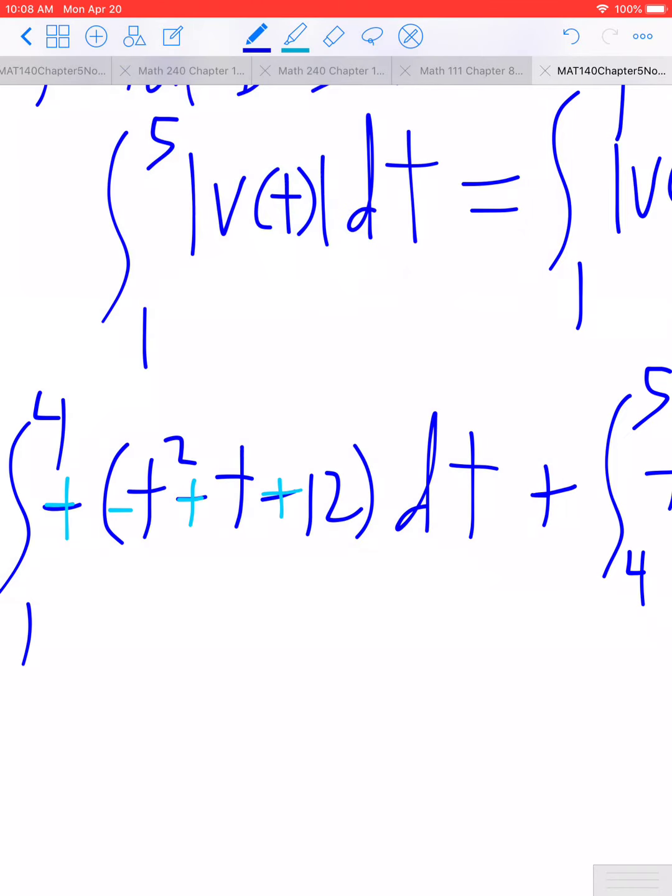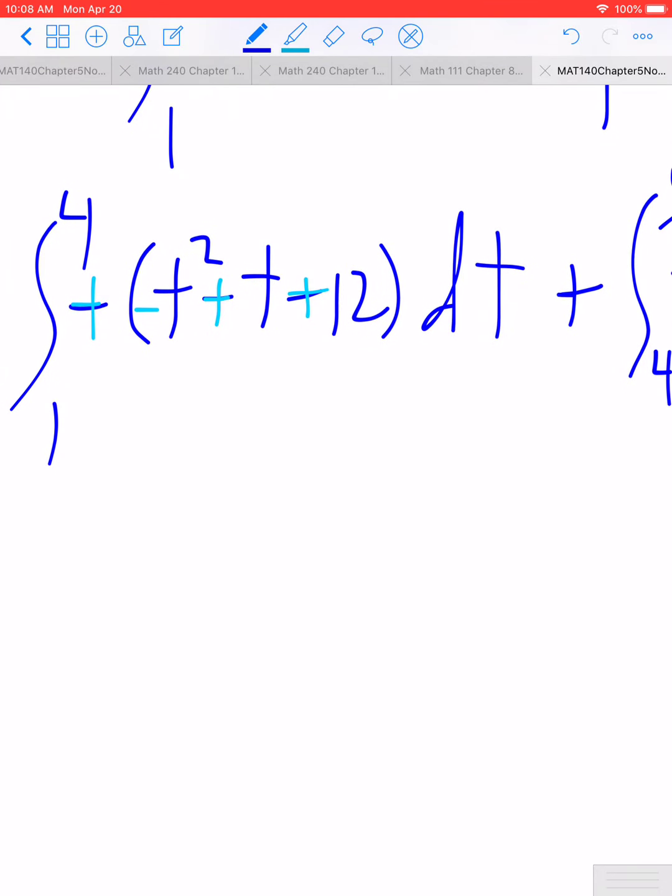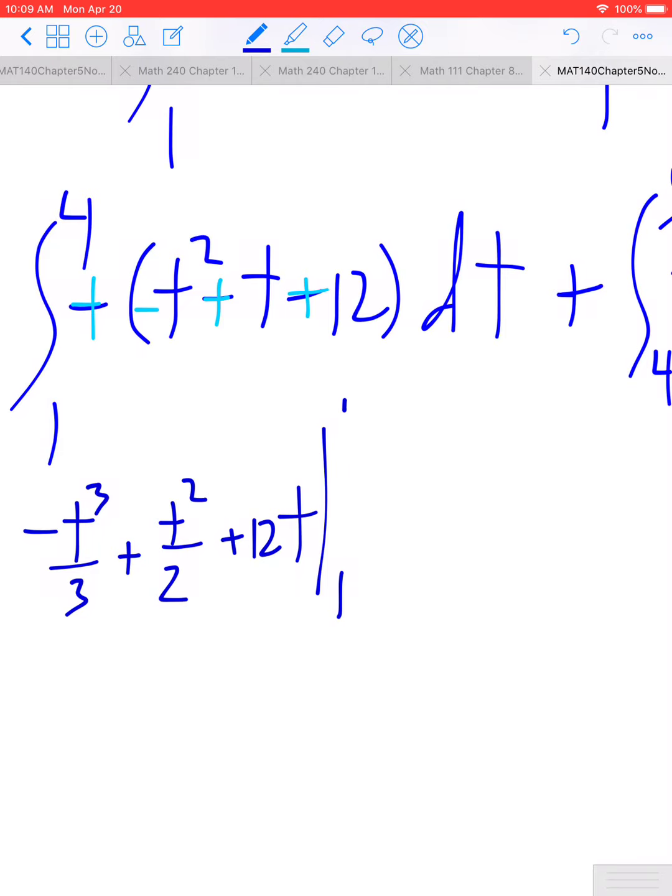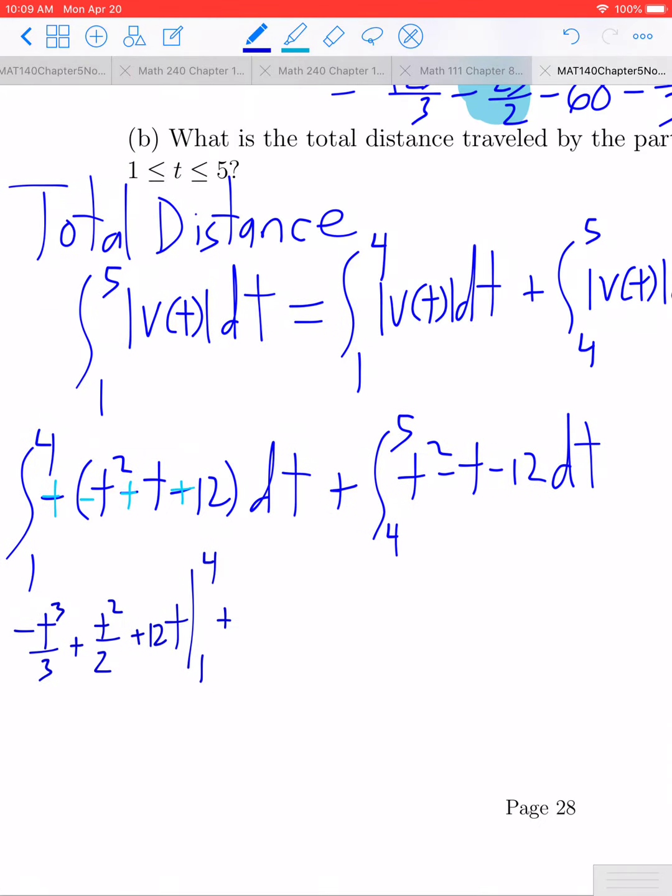We can go ahead and find our antiderivatives. This would be negative t cubed over 3 plus t squared over 2 plus 12t. And this is going to be evaluated from 1 to 4, plus the antiderivative of the second part.